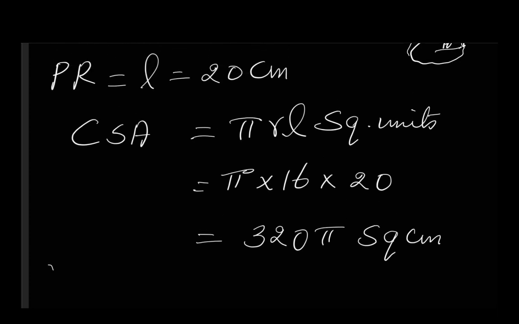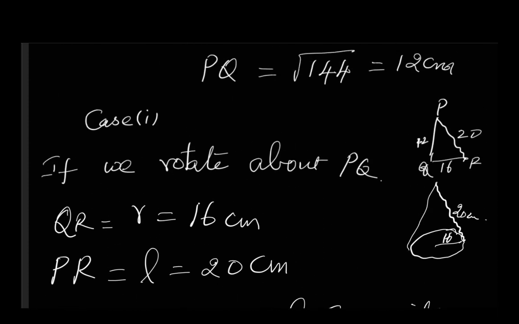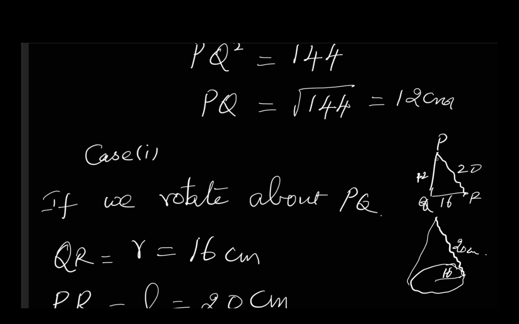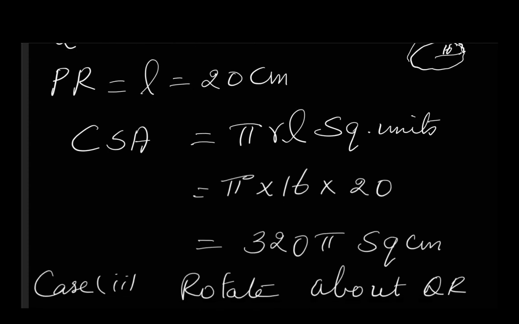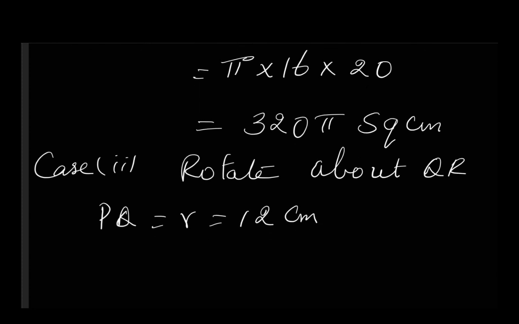Case 2: rotate about QR. If you rotate about QR, PQ becomes the circle part. So in that case, PQ is our R, R is equal to 12 centimeter.